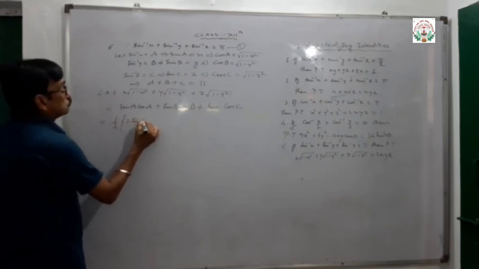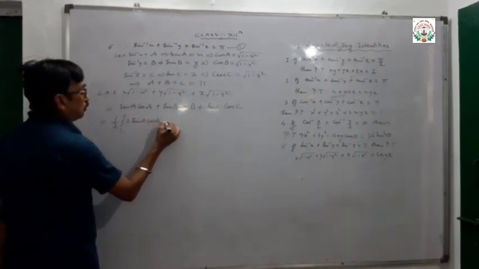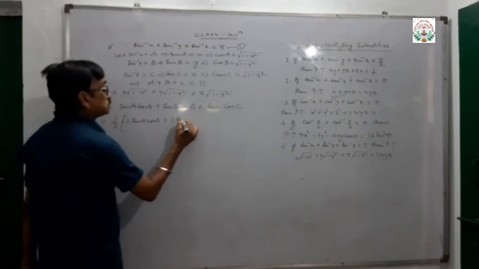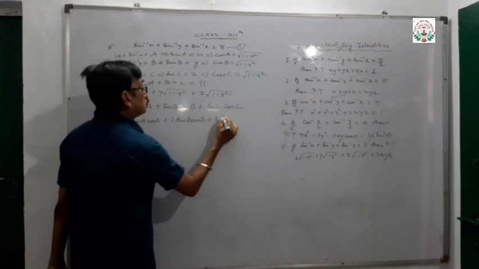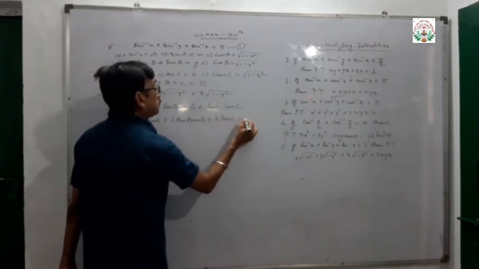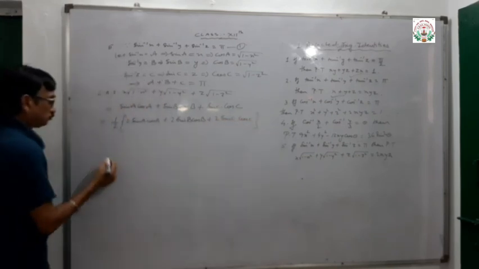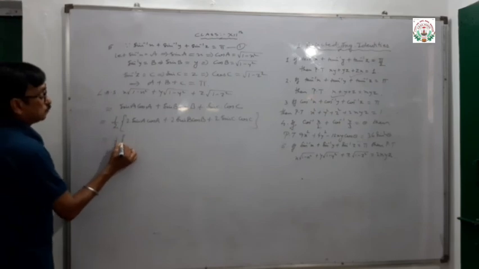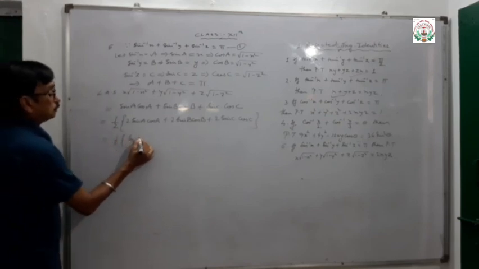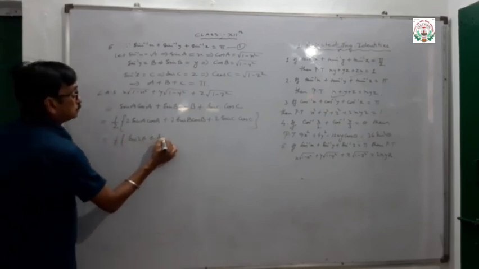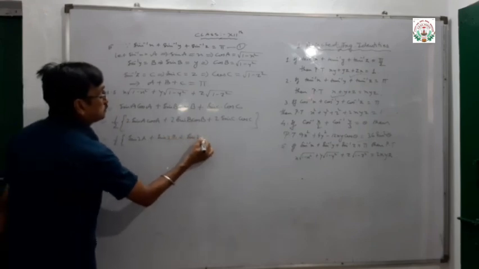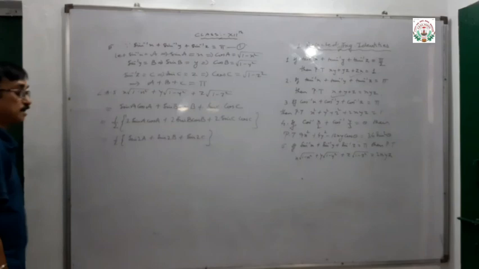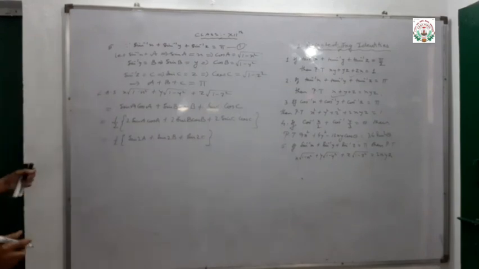So we get 2 sin A cos A to make the formula of sin 2A, 2 sin B cos B to make the formula for sin 2B, 2 sin C cos C to make the formula of sin 2C. That is 1 by 2 sin 2A, sin 2B, sin 2C, as sin 2 theta is 2 sin theta cos theta.